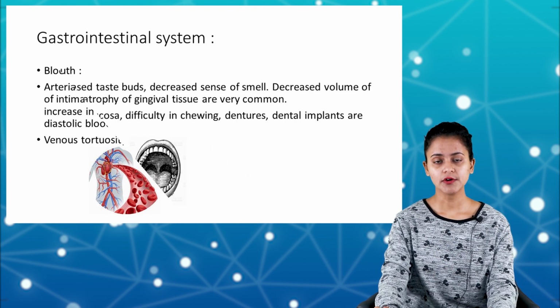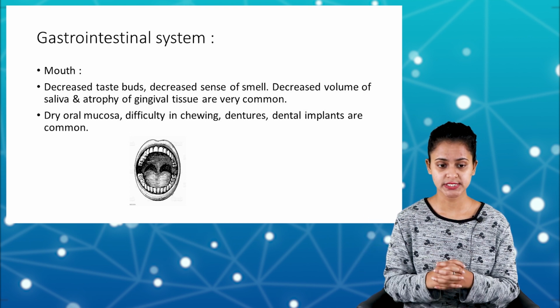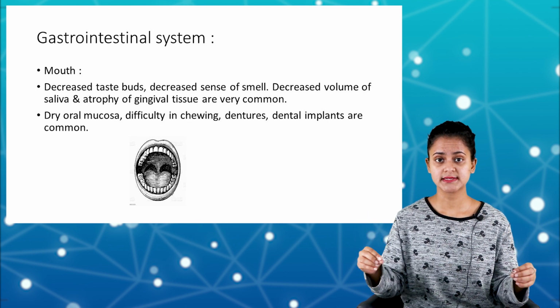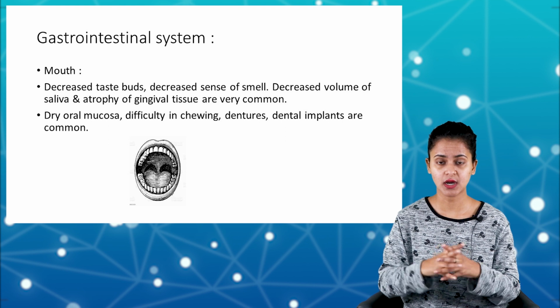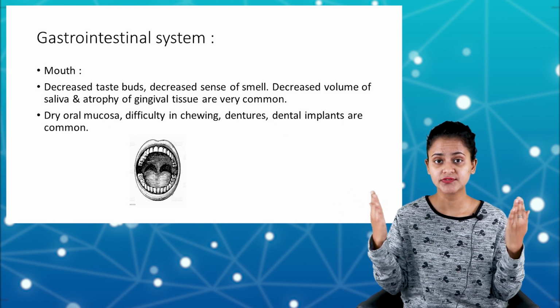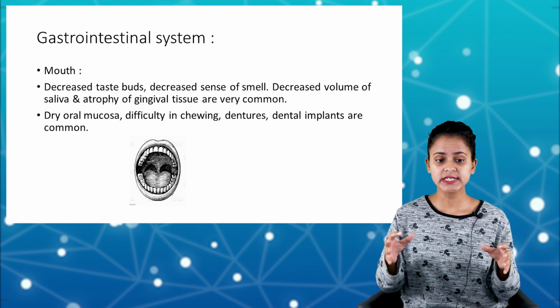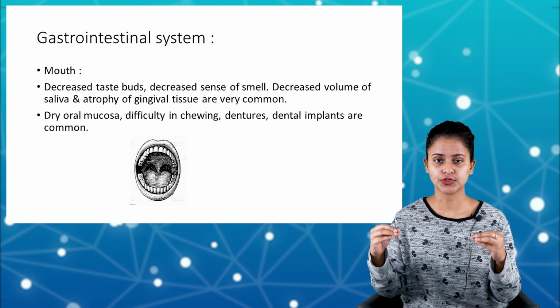Now we are going to learn about the gastrointestinal system and associated changes. Here we are going to see there will often be decreased taste buds among clients who are of old age or increased age. There will be decreased sense of smell even. Decreased volume of saliva production also will be seen among the clients.